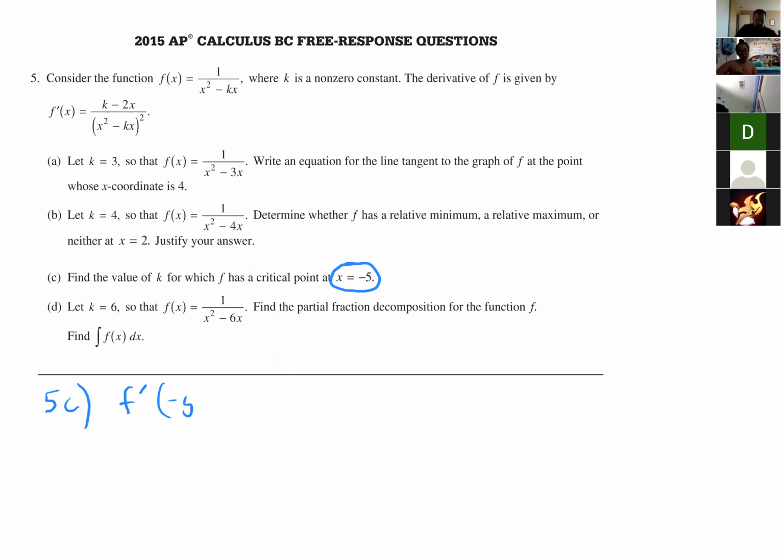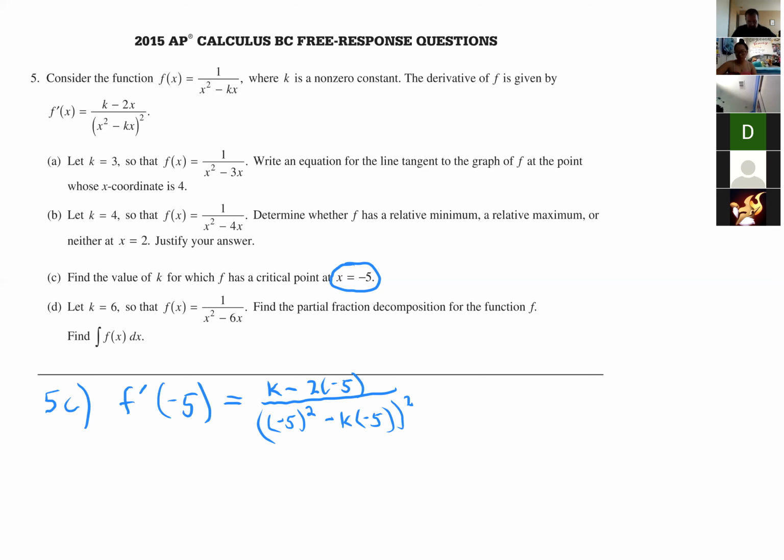So everywhere I see an x, I'm going to substitute with a -5. So it's going to be k minus 2 times -5 over, on the bottom, I have -5 squared. I'm going to do a parenthesis at the front, minus k times -5. And this is getting squared, and this needs to either be 0 or undefined.